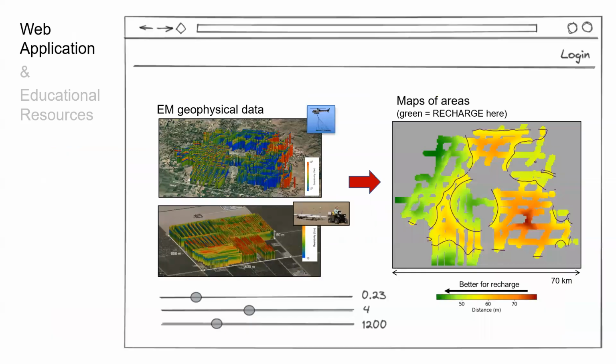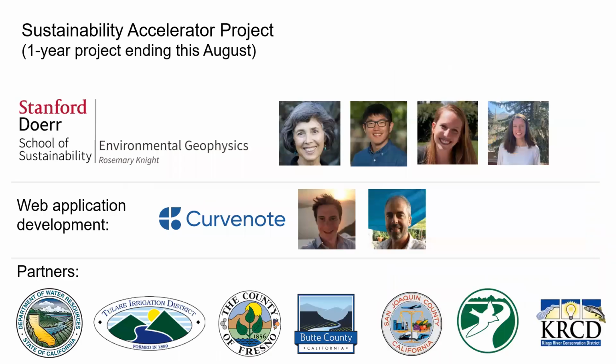So that's our motivation to build a web application that can use this EM geophysical data, and a lot of it is publicly available, and generate these recharge matrices in the form of maps, so that they could bring that into their GIS layer and start guiding their decision making, and also developing educational resources, because there are a lot of technical details about what needs to be understood. So it's two wings, but I'm focusing on the web application part today.